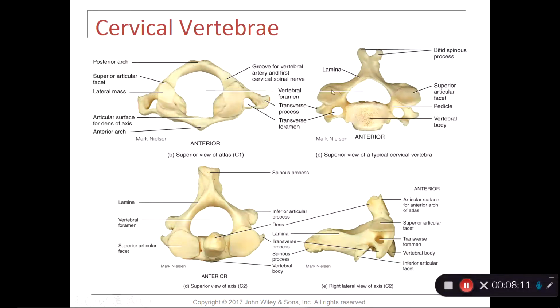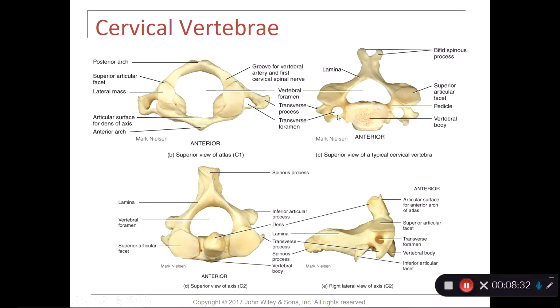Now let's talk about the general characteristics of a cervical vertebra. First off, you're going to notice something. I shouldn't say normal, because all these are normal. In thoracic and lumbar vertebrae, you're only going to see this one hole. In cervical vertebrae, you're going to see 1, 2, 3 holes.